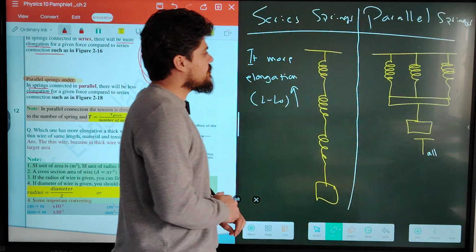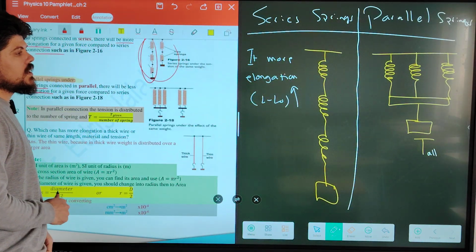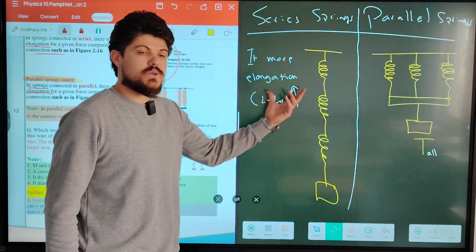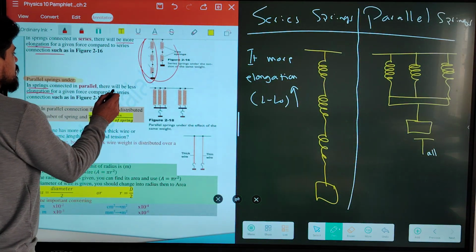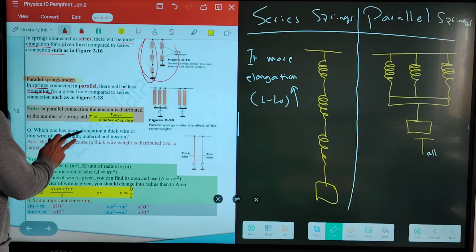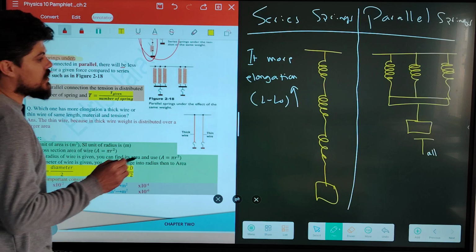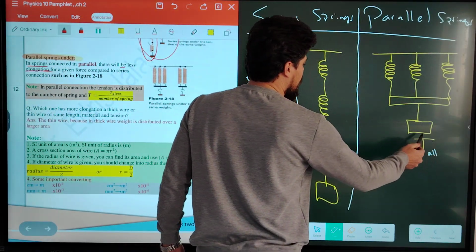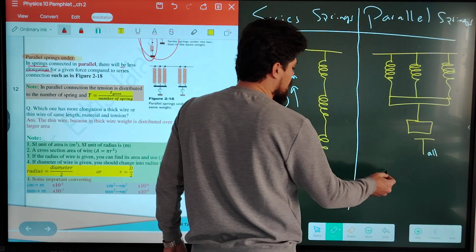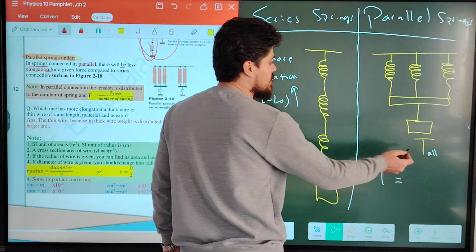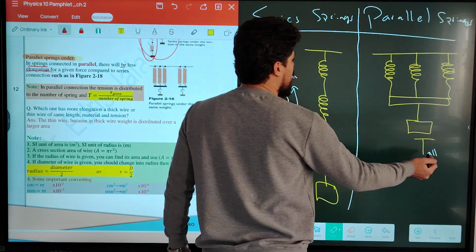In a parallel connection, the elongation is less compared with the series connection. So in a parallel connection, the tension is distributed over the number of springs to determine Hooke's law and the amount of elongation. Guys, in a parallel connection, you have to determine the tension because this tension is distributed for all of them.